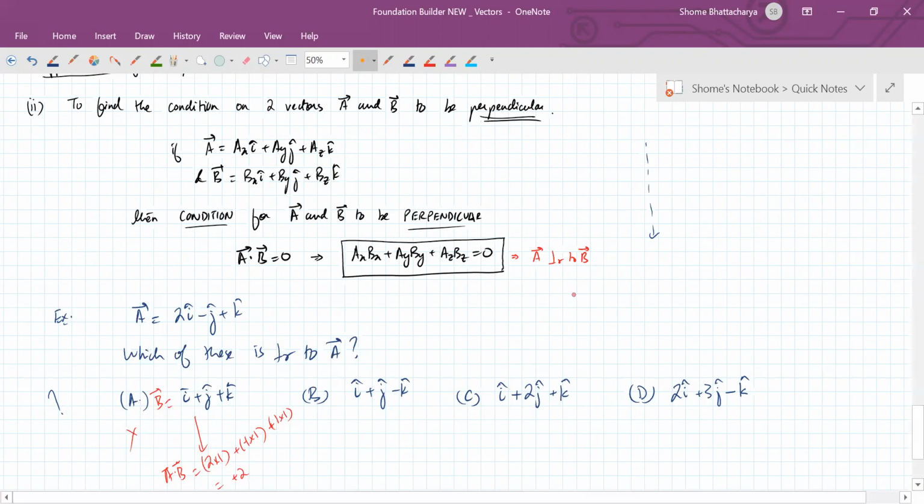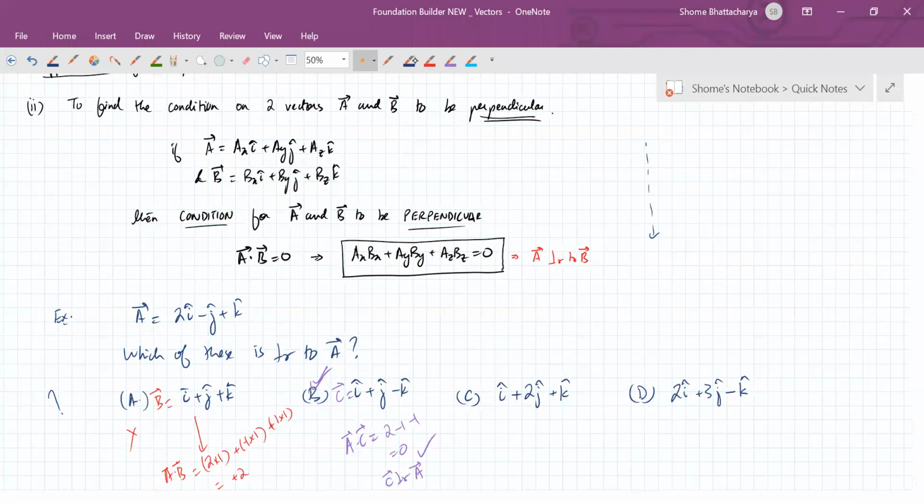It's not perpendicular because the condition for perpendicular is this. In this one, suppose this vector is c, then a dot c is becoming 2 minus 1 minus 1. Correct? So that's 0. So you can see that this is correct. So this vector c is perpendicular to a.